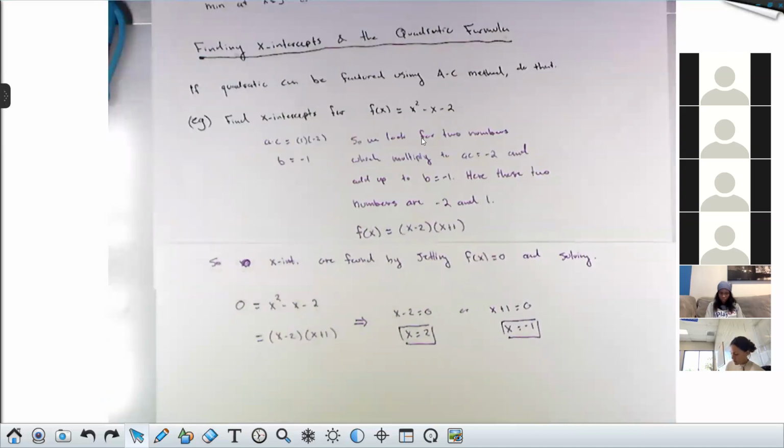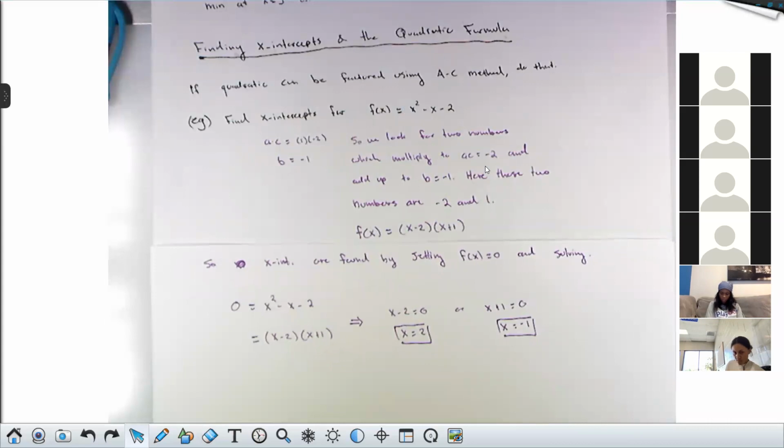Factoring can be a little bit harder if the lead coefficient isn't 1, but the AC method still works. You still multiply a and c, and then find two numbers that multiply to a times c and add up to b. And then you would factor by grouping after rewriting the middle term.